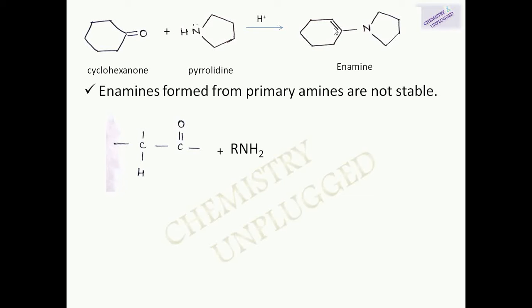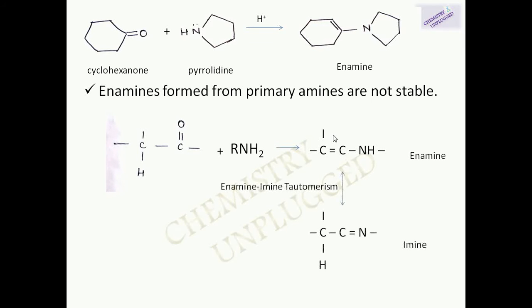So what will happen if we use a primary amine for enamine formation? Suppose we have this aldehyde or ketone containing one alpha hydrogen, and we react it with this primary amine. Then we have an enamine here, but because of the presence of this hydrogen atom, this hydrogen can move onto this carbon atom and the double bond will shift here.